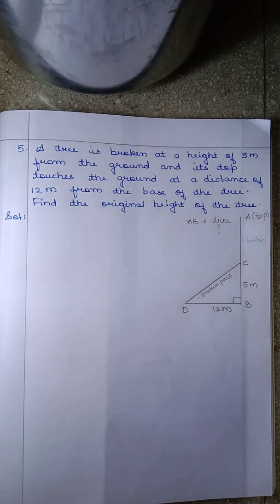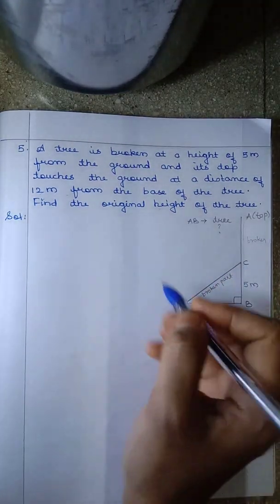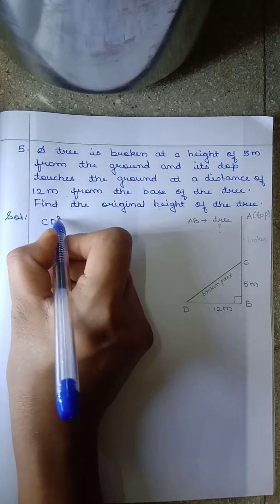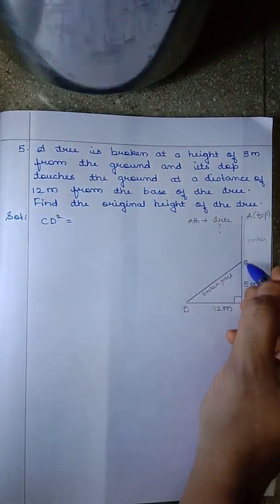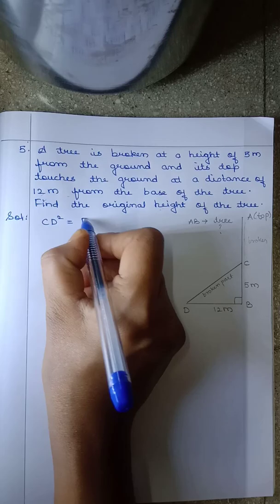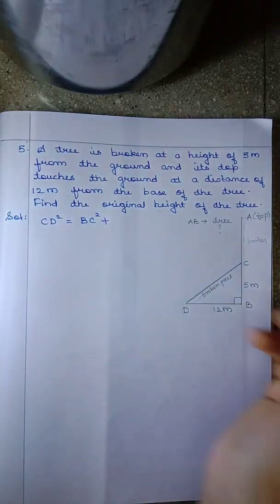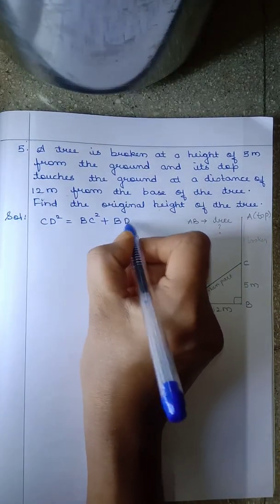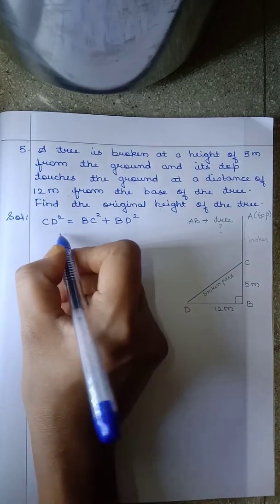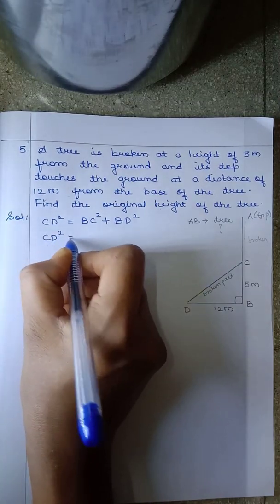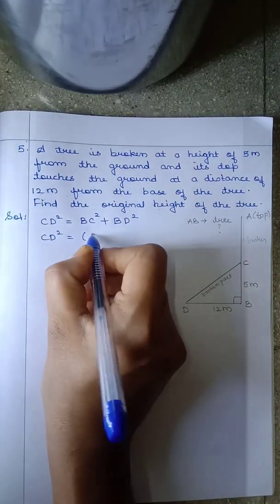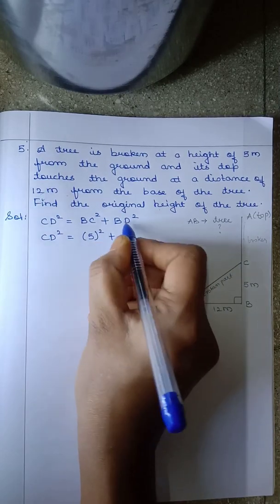So let's apply the Pythagoras property. CD is the hypotenuse, so CD square will be equal to the sum of the squares of the other two sides, that is BC square plus BD square. So CD square we have to find. BC is given as 5 whole raised to square.